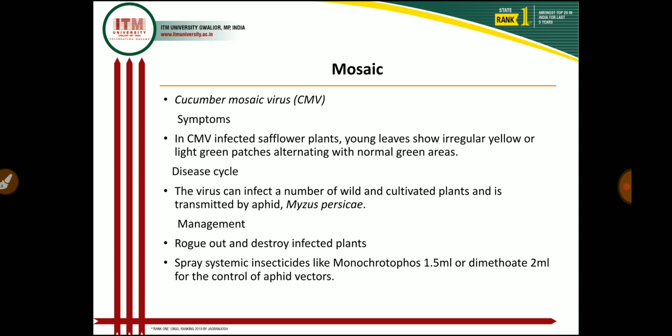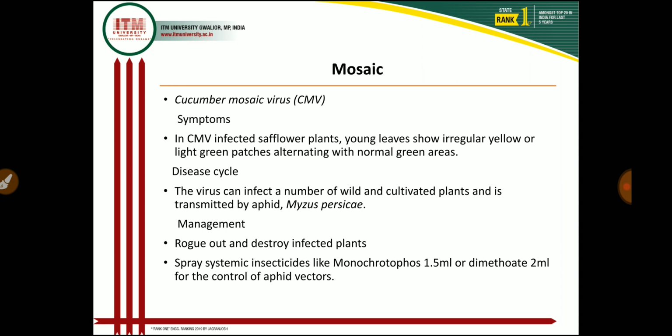Then in the disease cycle, this virus can infect a number of wild as well as collateral cultivated plants, and the disease is transmitted by the aphid, that is Myzus persicae. Then in the management part, if we root out and destroy the infected plants, then we control this viral disease.